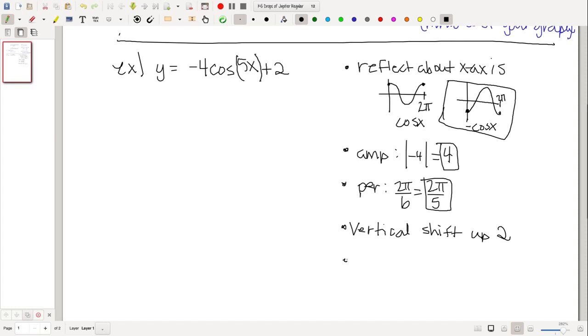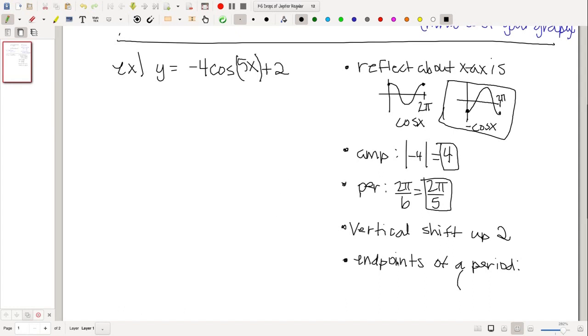So one thing that you're going to have to start doing on your assignments is endpoints of a period. So, where does your first period start and where does your first period stop?